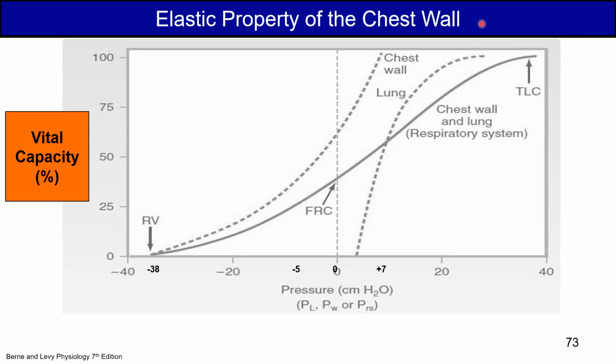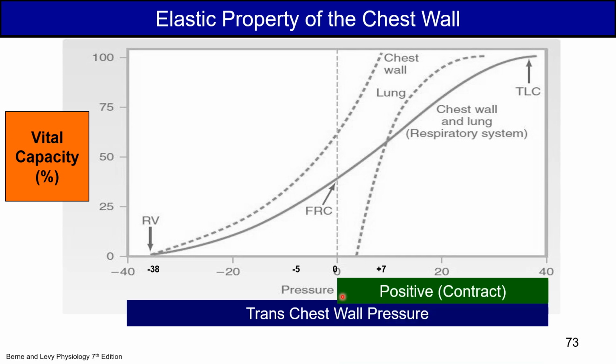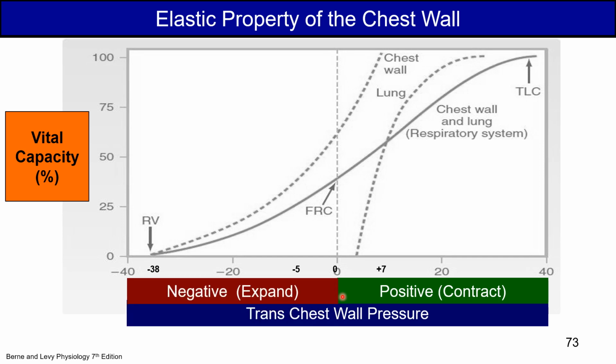So let us now discuss the elastic property of the chest wall. Since we're talking about the chest wall, the x-axis will be the trans chest wall pressure, while the y-axis will be percent of the vital capacity. Now let us remember that if the trans chest wall pressure is positive, the elastic tendency of the chest wall is to contract, while if it is negative, the elastic property of the chest wall is to expand.